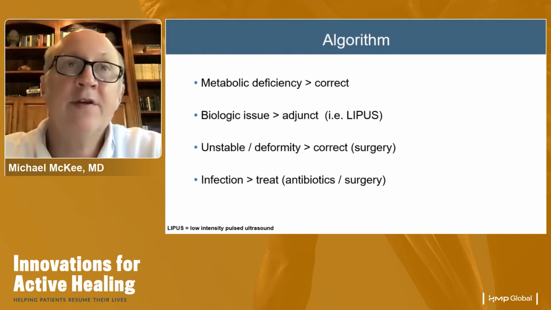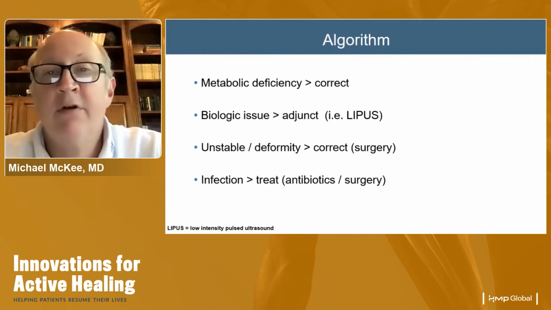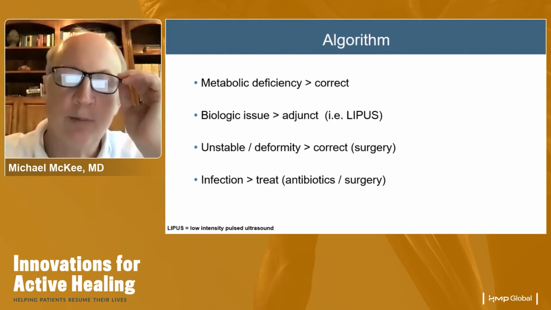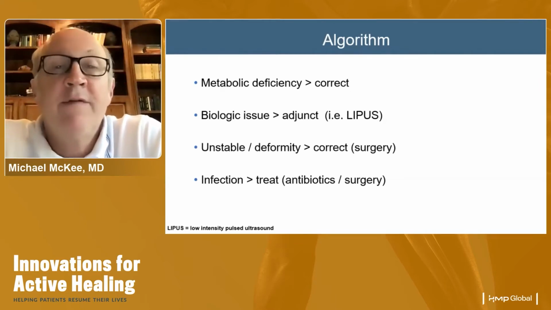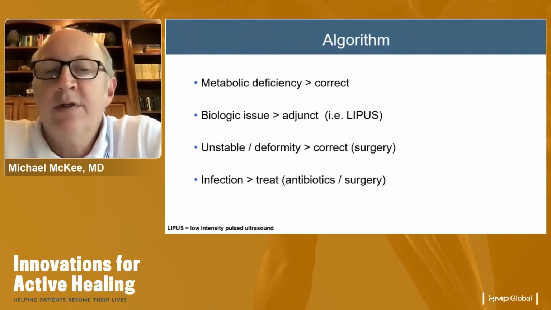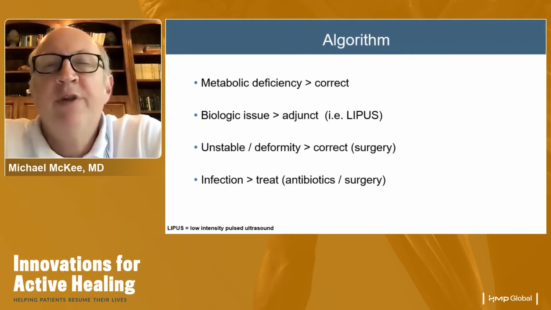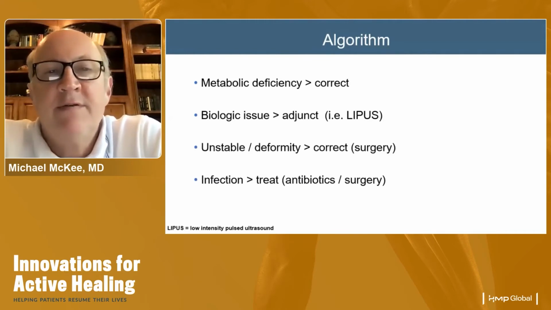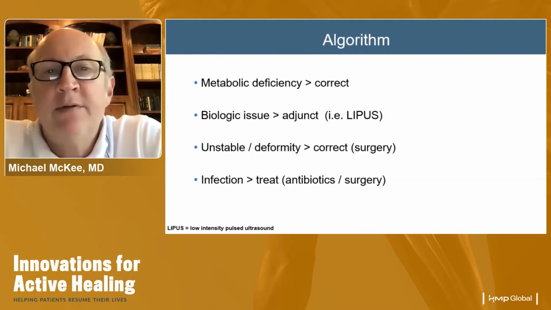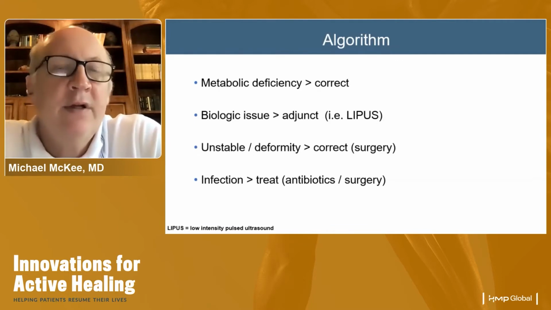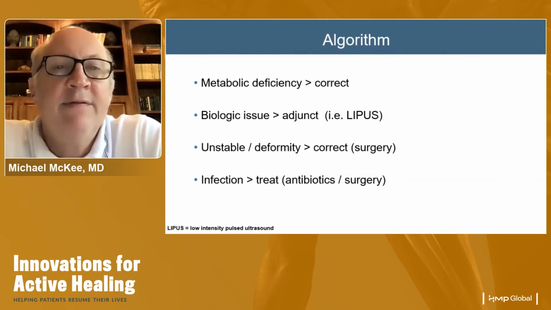There are obvious infections with a red, angry wound or a draining sinus or pus in and around the fracture site draining through a wound. Those are obvious. However, there are more subtle ones, such as low-grade organisms, such as C. acnes or staph epidermidis, that really don't present with those obvious signs of infection. They just grumble away at the fracture site, and they can produce significant biological impediment to fracture healing. And those are the ones that we have most difficulty identifying and treating.